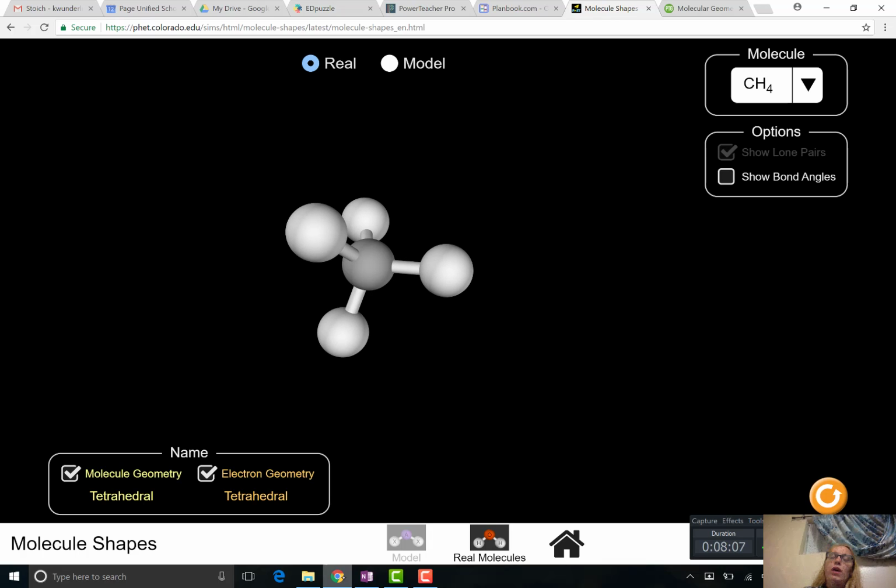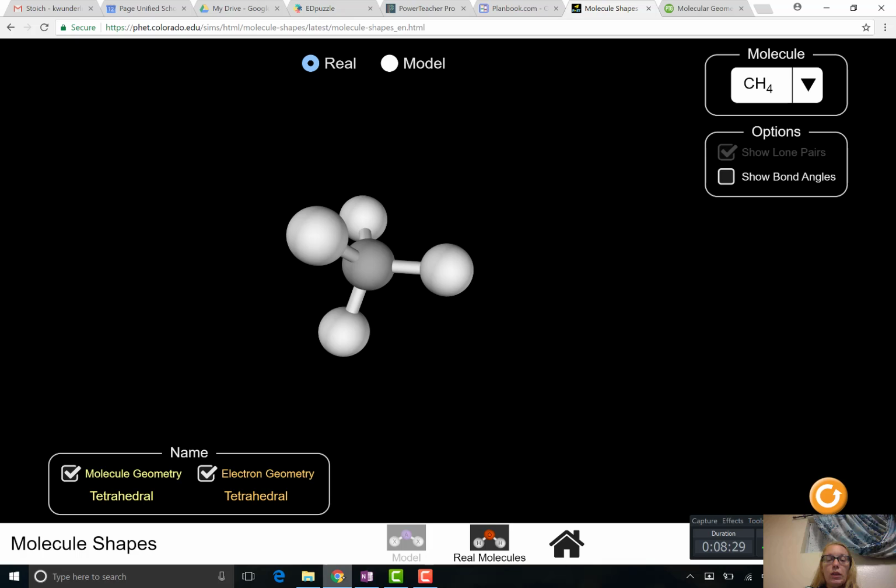So if each of these white balls is slightly electronegative, that partial negative charge is evenly distributed over the course of the whole atom. And if it's evenly distributed over the course of the whole atom, there's not one spot that's negative and one spot that's positive, right? That electron distribution is even.